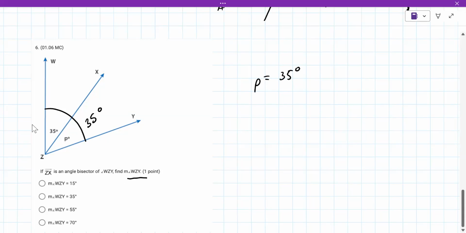In this case, it's asking about the whole angle. So the whole angle is 35 plus 35. But how would we know that P is 35? Because it's an angle bisector, it means it's half. This is X and X, and they have to be the same. So anytime they say bisector, both halves will be the exact same angle. Got it. Yeah, that makes sense.